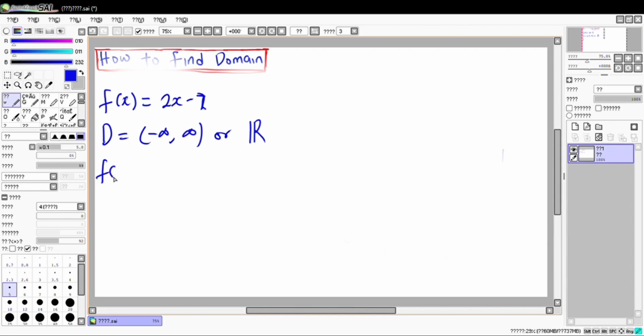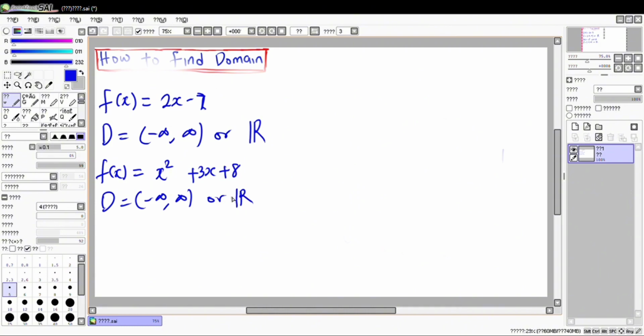Suppose you have f of x equal to x squared plus 3x plus 8. Now, the domain of this is also minus infinity to infinity, or all real numbers. Why? Because at all points, this particular equation will be defined. Now, let me bring this to your notice. Any polynomial function, their domain is always all real numbers or minus infinity to infinity.